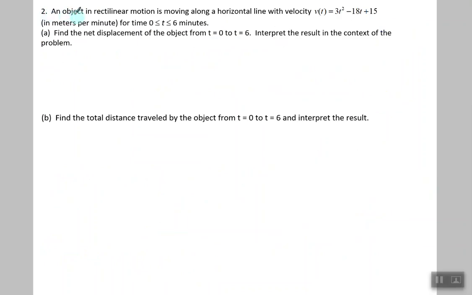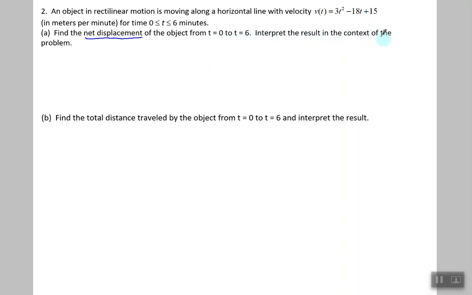2. An object in rectilinear motion is moving along a horizontal line with velocity v of t equals negative 3t squared minus 18t plus 15 in meters per minute for time 0 to 6 minutes. Part A, find the net displacement of the object from t equals 0 to t equals 6.